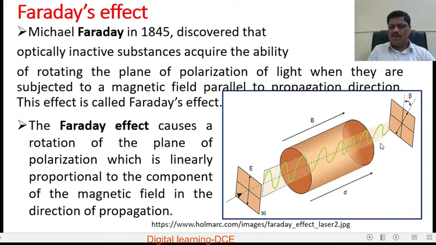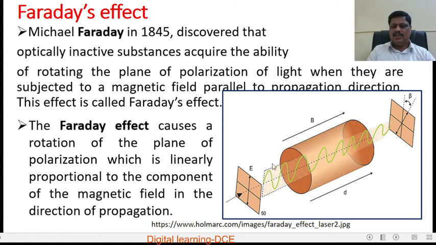There is a small rotation in the plane of vibration with respect to the direction of the incident light. So the optically inactive substance becomes optically active, which rotates the plane of vibration towards left or right when it is subjected to a magnetic field applied parallel to the direction of propagation. This effect is called Faraday's effect.